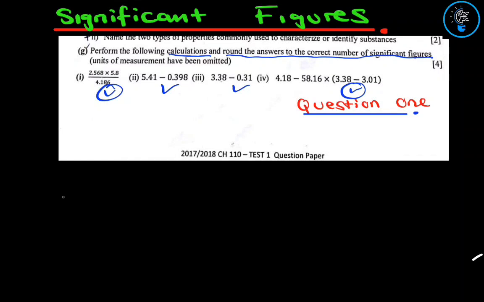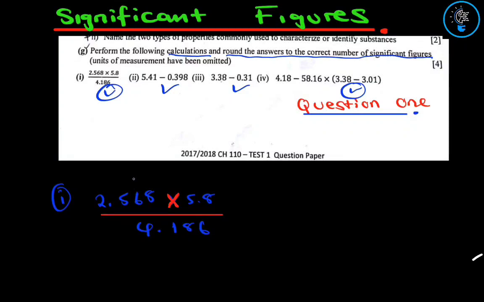Okay, let's do it. So question 1 is 1.568 times 5.8 divided by 4.186. In this one, we are dealing with division and multiplication, so we focus on the number of significant figures of each factor.